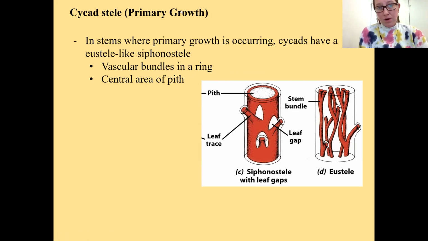So the eustele part is that vascular bundles are in a ring, right? Each of these little rods will be in a ring like this, but there'll still be an empty area in the middle of pith. Similar to what we saw in the horsetails.